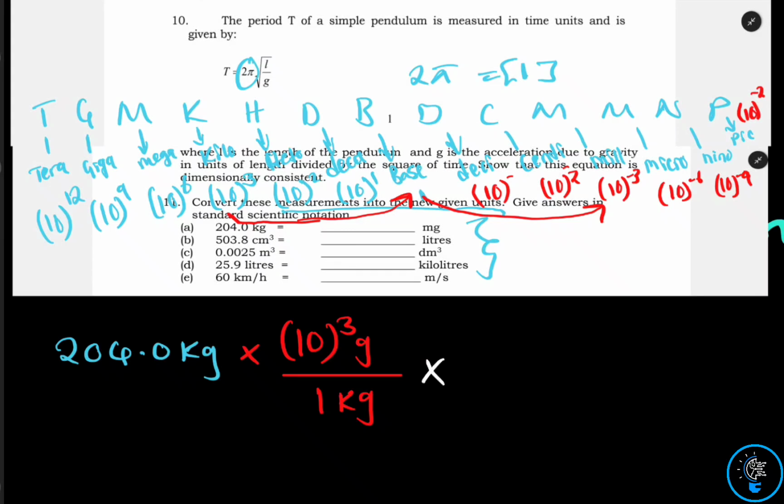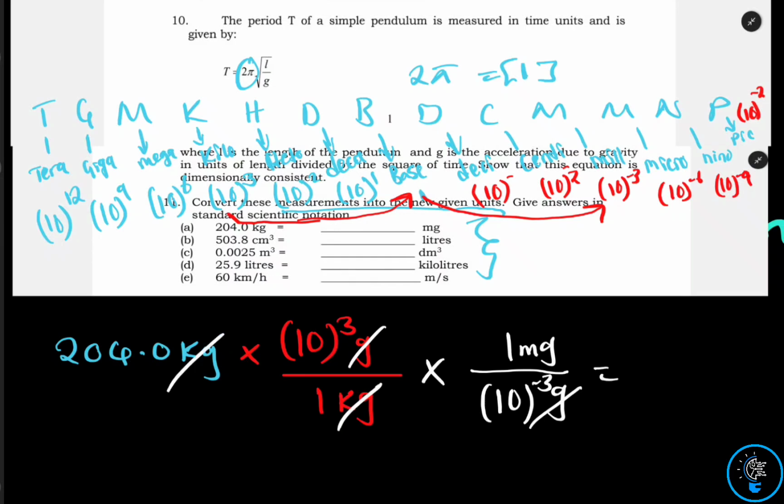then multiplied by, we need now to convert the base unit to milli. So to convert it into milli, we know that we're going to put grams at the bottom so that they cancel, and we know that per every 10 to the power negative 3, we have 1 milligram.